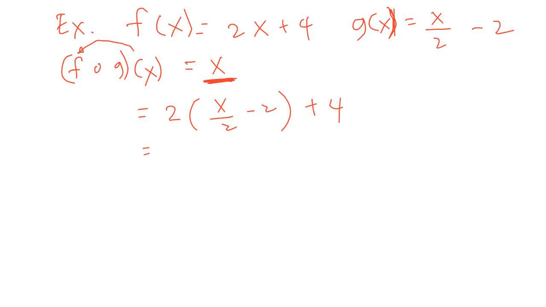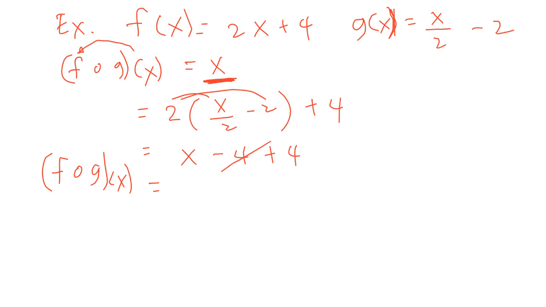Let's multiply this, and it gives us x here. Multiplying by the distributive property, it's a minus 4 plus 4. So for f composition of g of x, negative 4 plus 4 cancels out, this is 0. So the answer is x. So you can see that it goes back to x as our answer if they are inverses to each other.